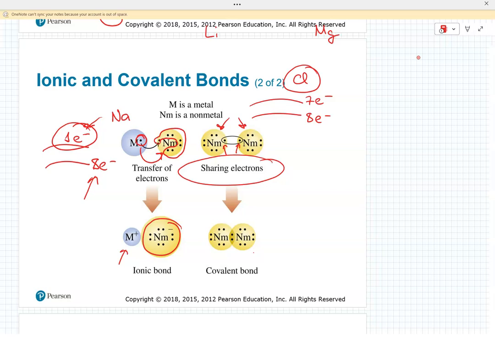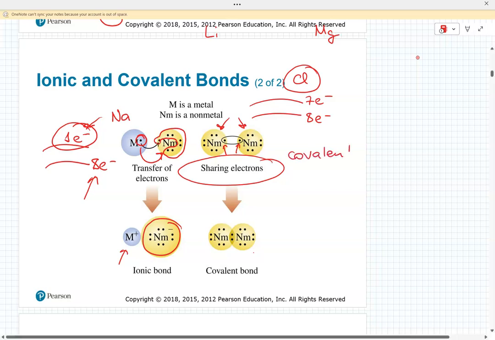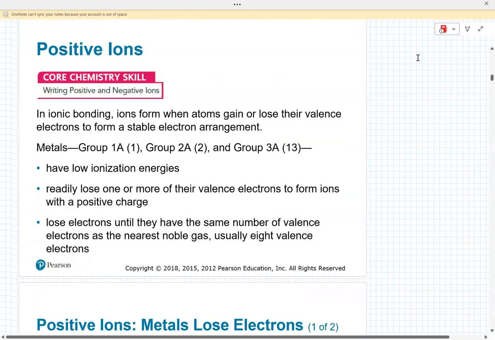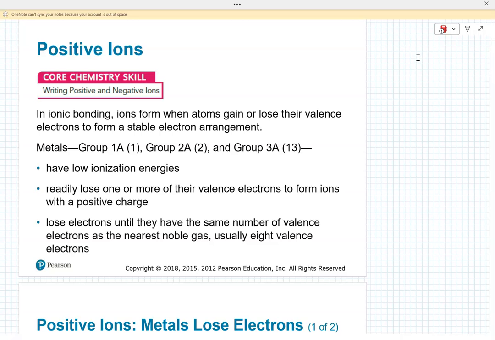They're going to be like in mutual ownership. They're going to belong to both chlorines. Does that make sense? Covalent. Okay? Does that make sense?